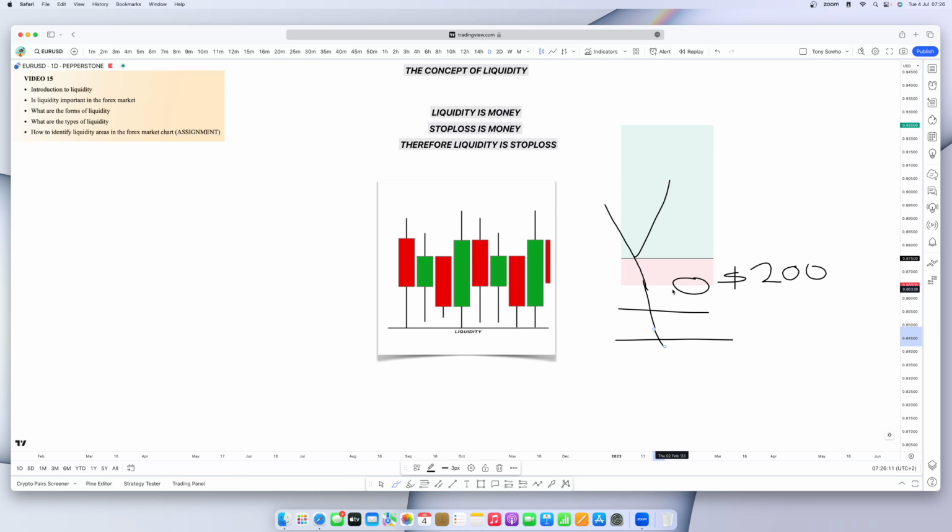In as much as I know that the stop loss is money, and if this trade does not go your way, I can see that you've lost a certain amount of money, what I'm going to say is this trade ate your stop loss. That stop loss itself is money. I'm trying to say this trade has taken you out. You've lost some money. So liquidity is money. Stop loss itself is money.